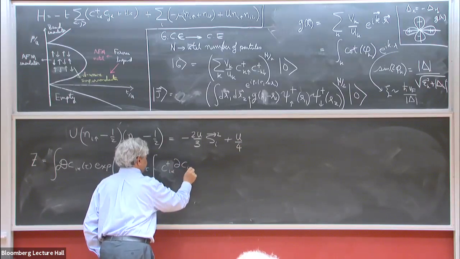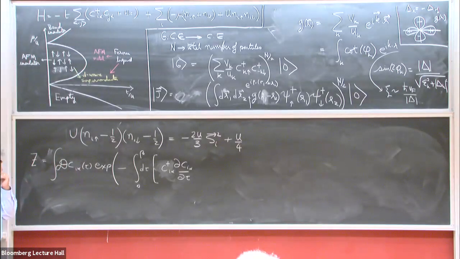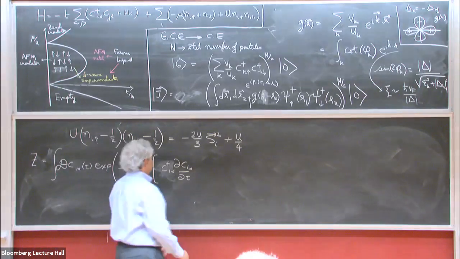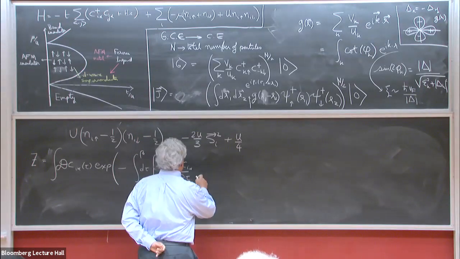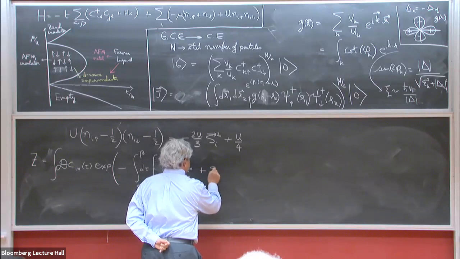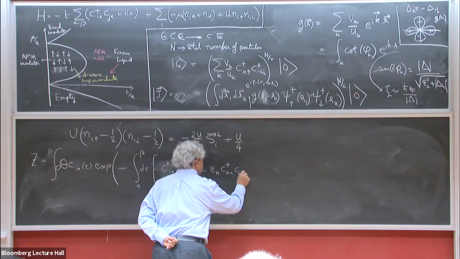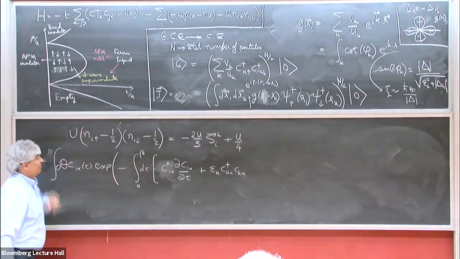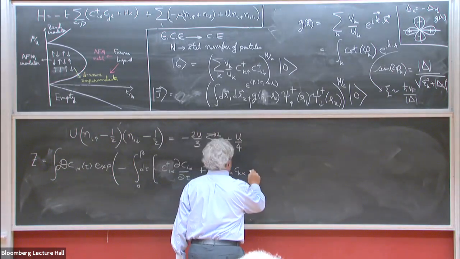These are Grassmann numbers now. It's very similar to what we did for the Bose-Hubbard model, except these are Grassmann numbers, and that just changes the signs in a few places. Then there's some dispersion, epsilon_k c dagger_{k alpha} c_{k alpha}, and then the interaction term, which is here, and that comes with the minus sign.